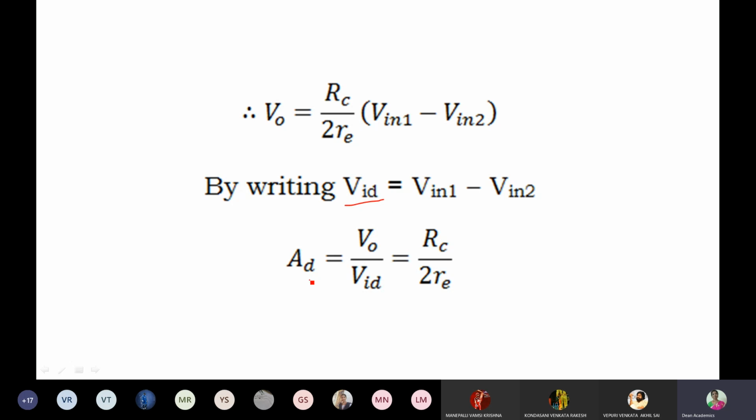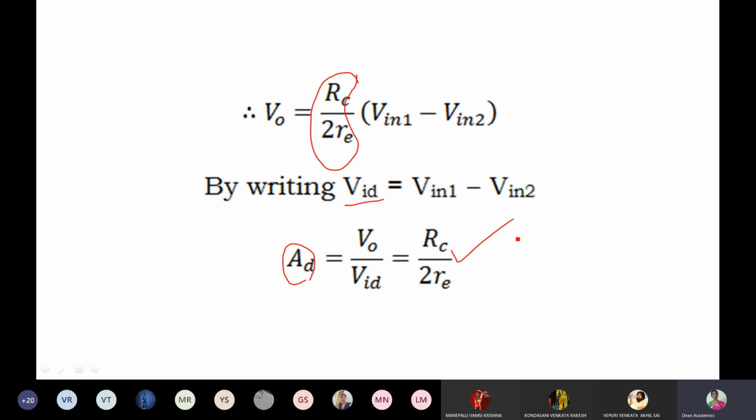So differential gain AD is equal to V0 by VID, which is the ratio RC by 2RE. So the differential gain of dual input unbalanced output differential amplifier is RC by 2RE. And what is the differential gain of dual input balanced output differential amplifier? It is RC by RE.